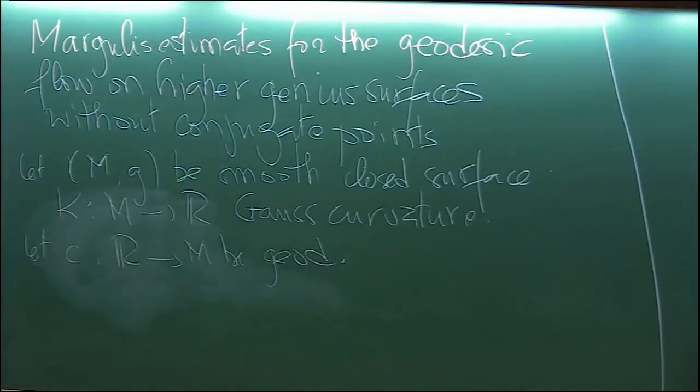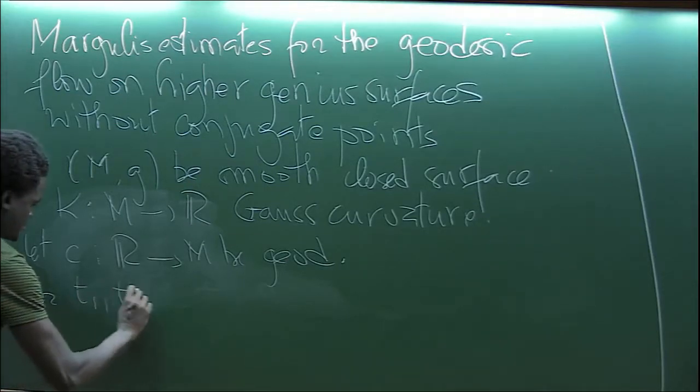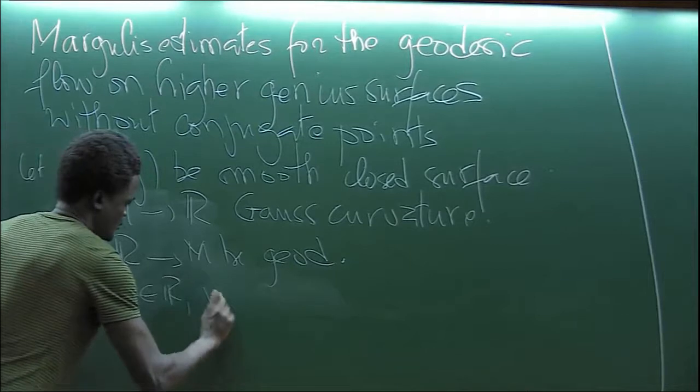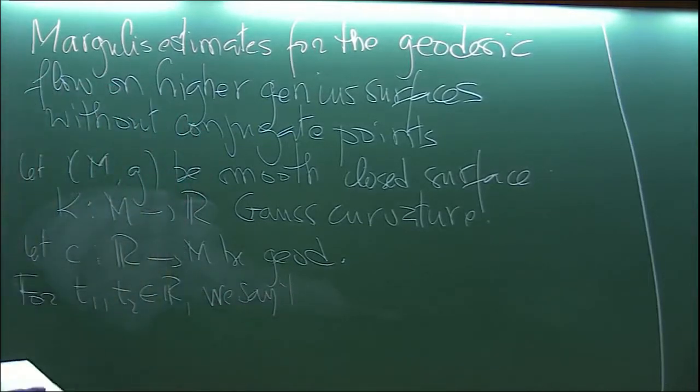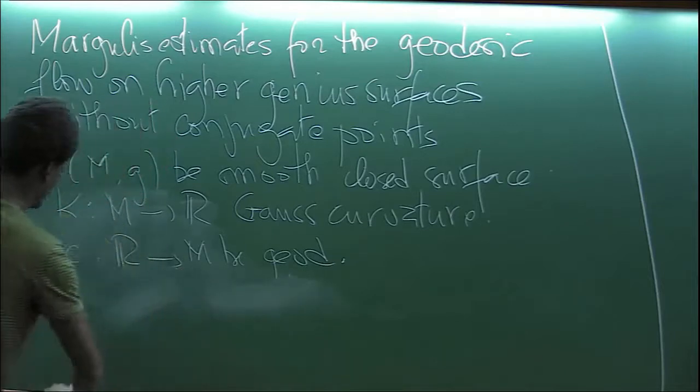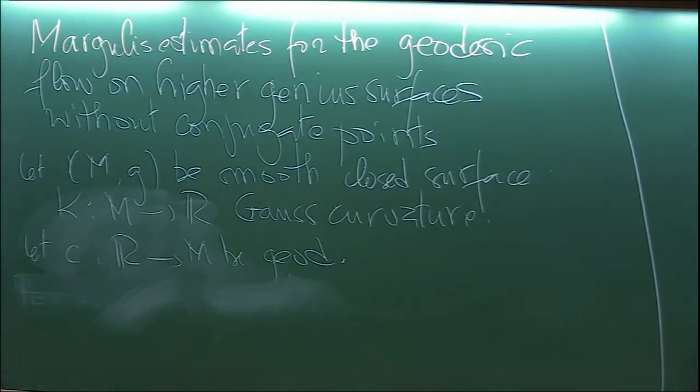Now, to define what it means to have conjugate points, I'm sure most of you know it, but before that, sorry. We are given a geodesic. I want to define first what Jacobi fields are, and from there I can define conjugate points.